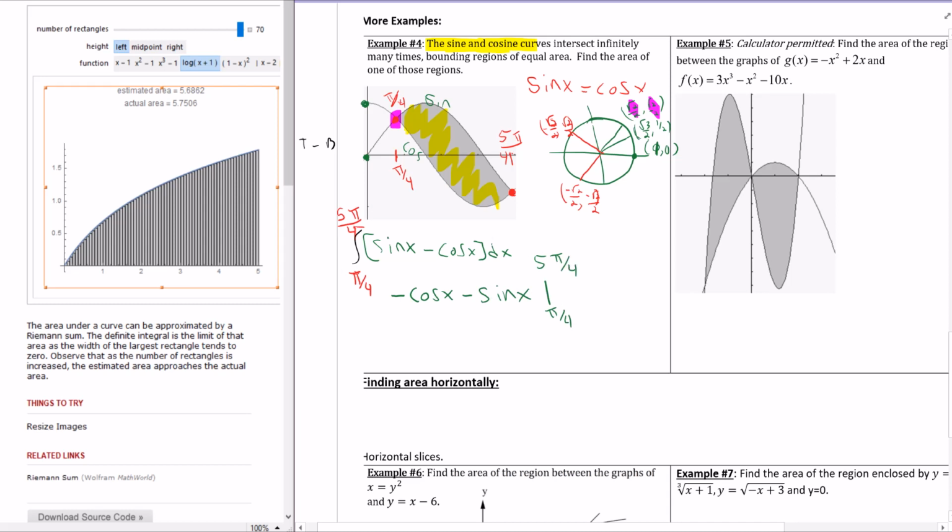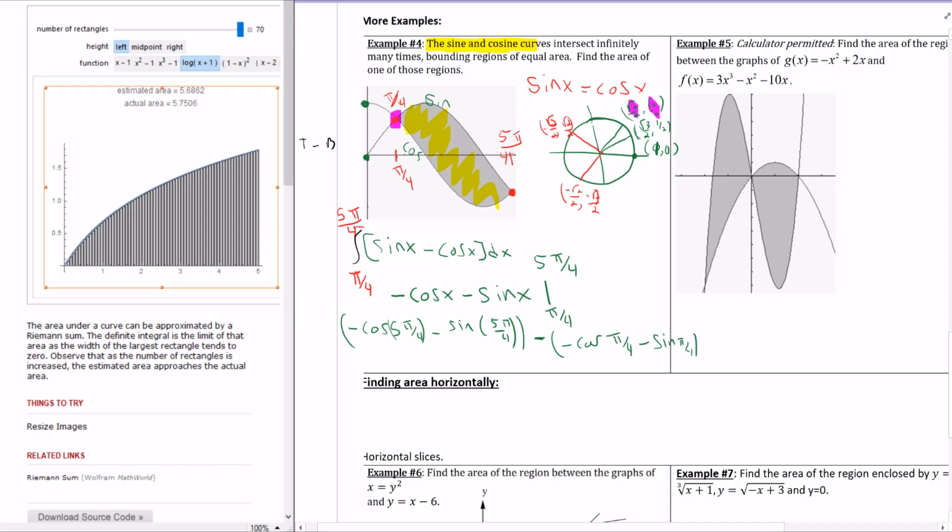And so this is going to be negative cosine 5 pi over 4 minus sine 5 pi over 4. And then this whole thing, we're also subtracting negative cosine pi over 4 minus sine pi over 4.